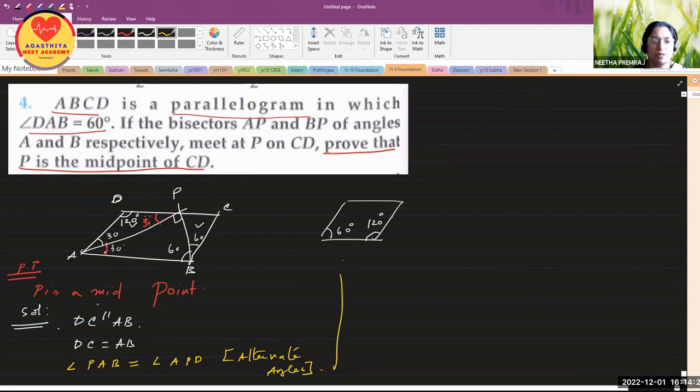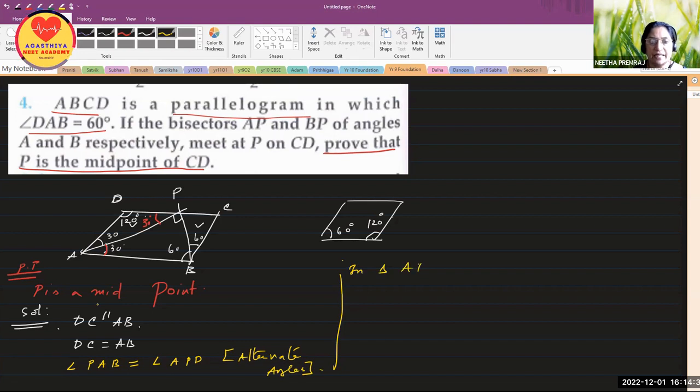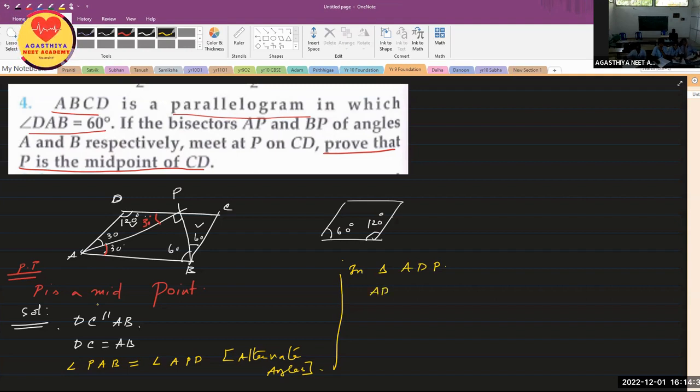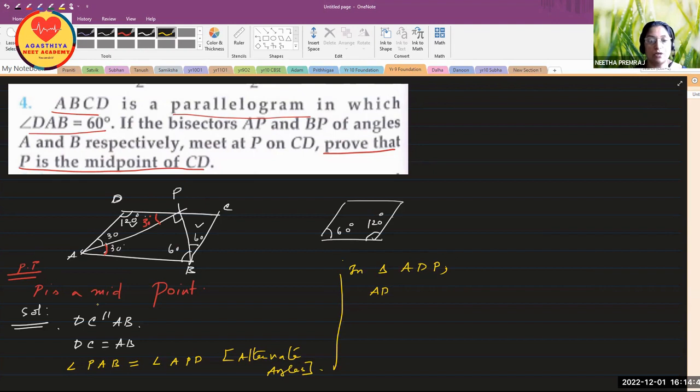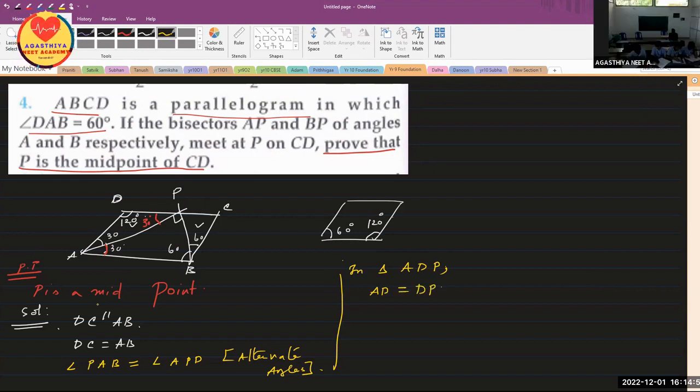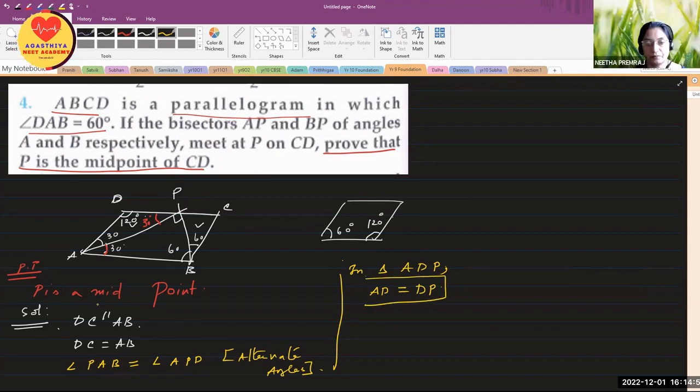Okay, now if you see in triangle ADP, what about AD and DP? What kind of triangle is that? ADP is what kind of triangle? Isosceles triangle. So AD must be equal to DP, isn't it? Okay, then let it be.